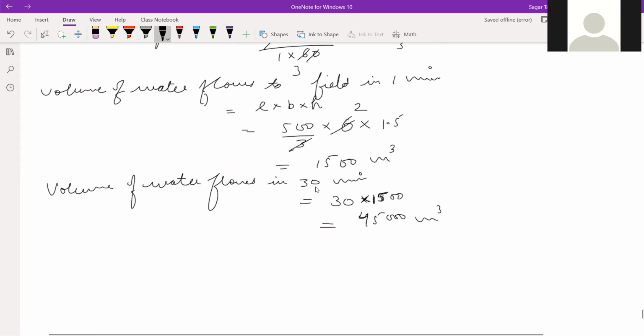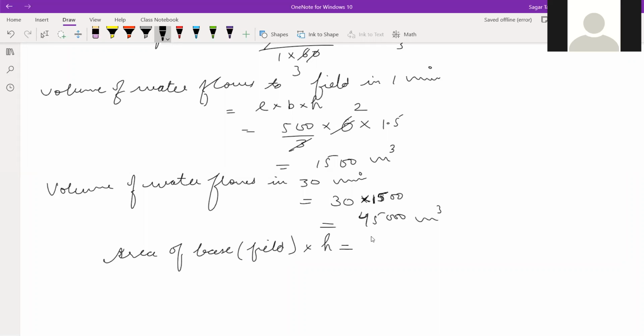Now, volume of water that flows in 30 minutes means this much of water is there in the field. So we can say, using the basic formula, volume can be written as area of base, here the base is representing the field, multiplied by height.